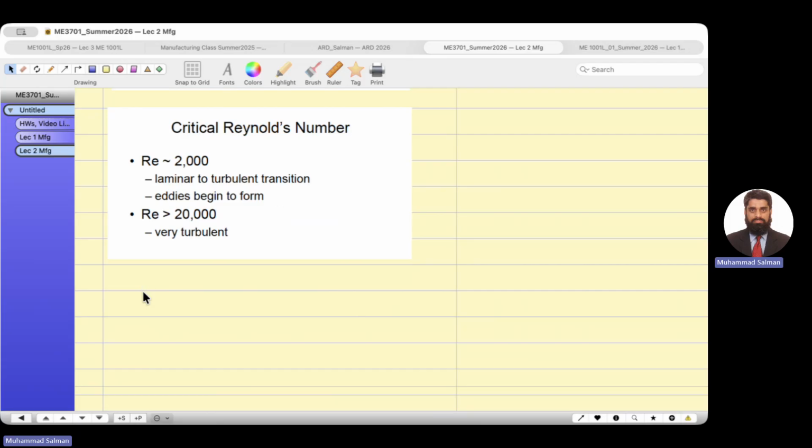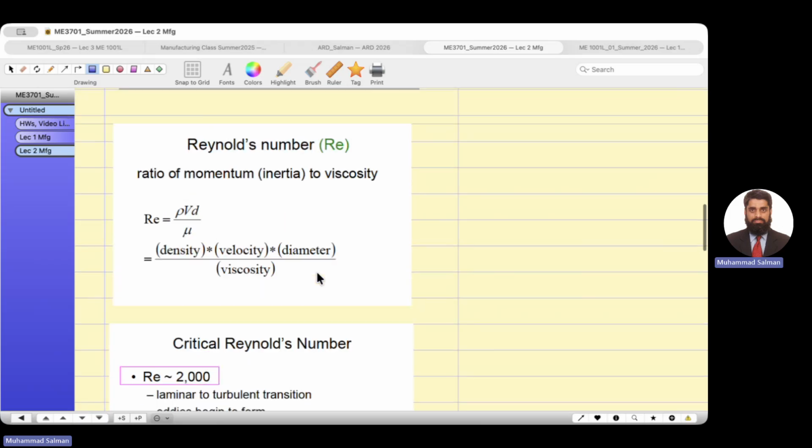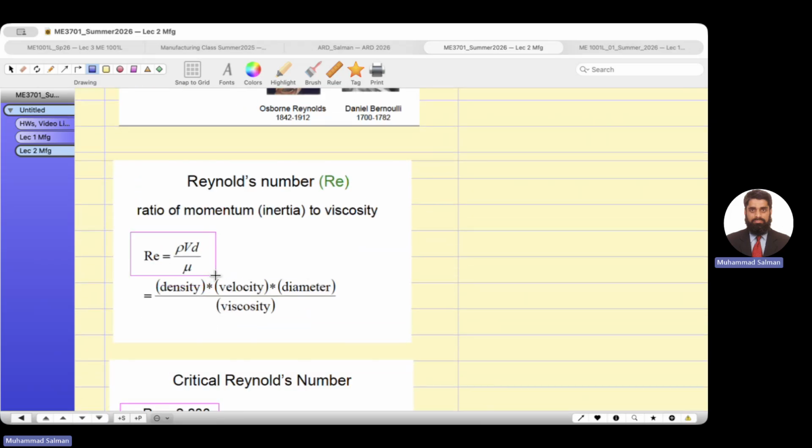But you will have a threshold. If you find laminar flow, it should be 2000 or less. We will do the problems later down the road, how to find out the flow type using this formula. So please write down this formula in your formula sheet.